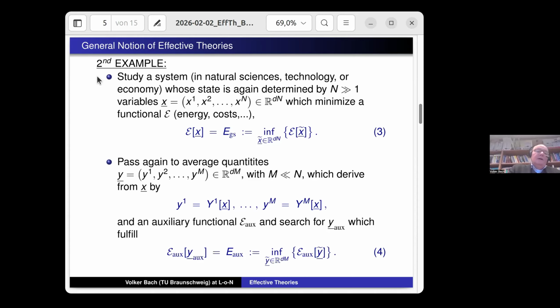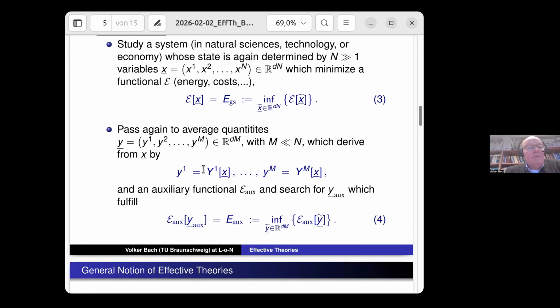So then, again, we pass to average quantities, y, the y_1 through y_m, m being much smaller than n. And these quantities derive from the original variables by some functions capital Y_1 through capital Y_m.